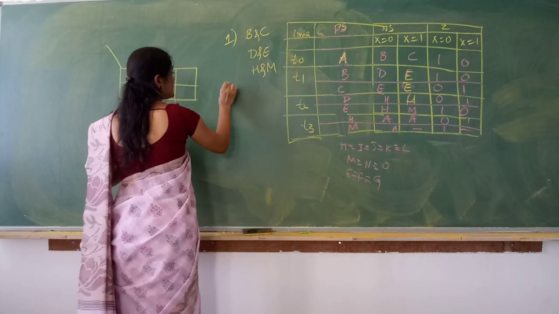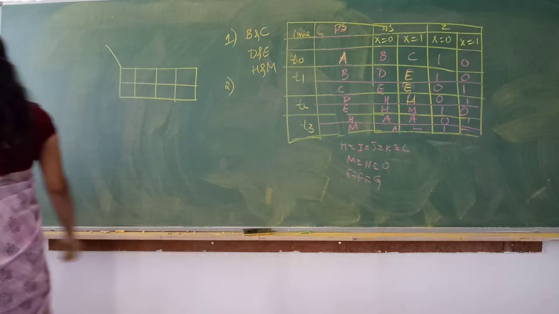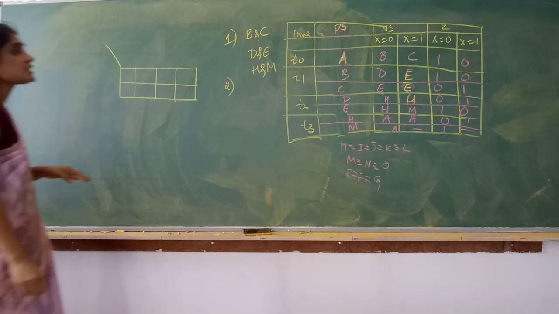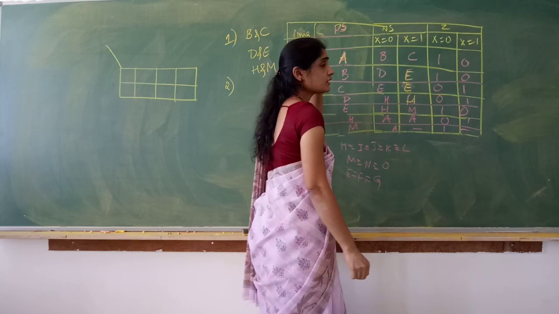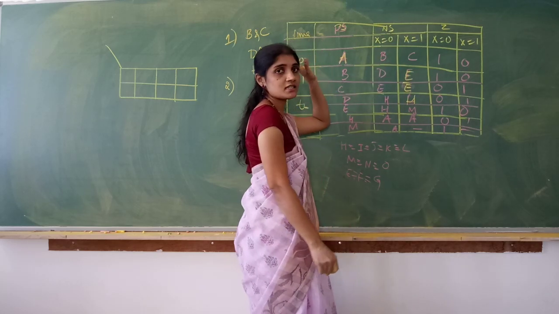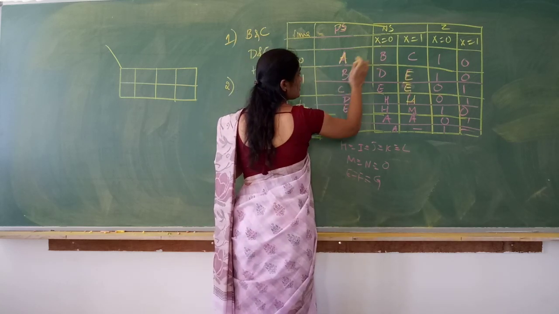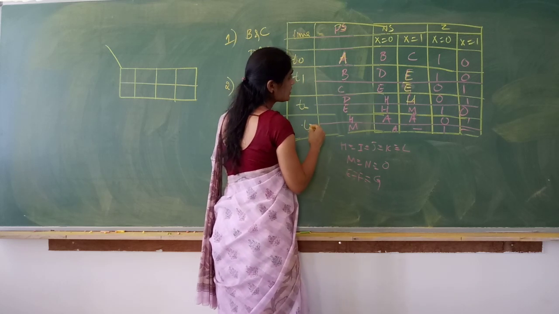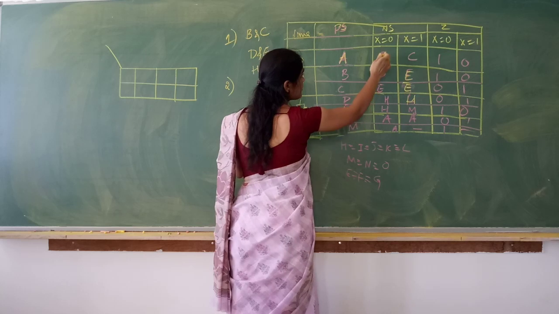Another guideline is states which have the same next state for a given input should be given adjacent assignment. So where do we have the same next states for a given input?